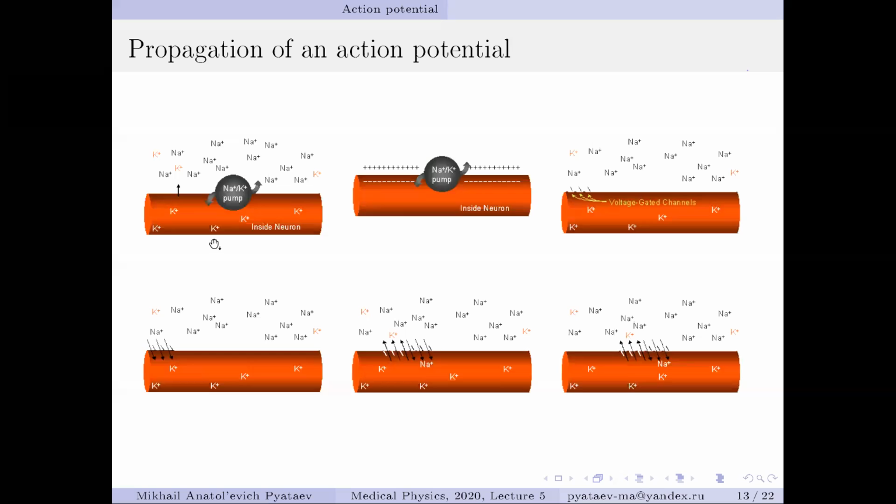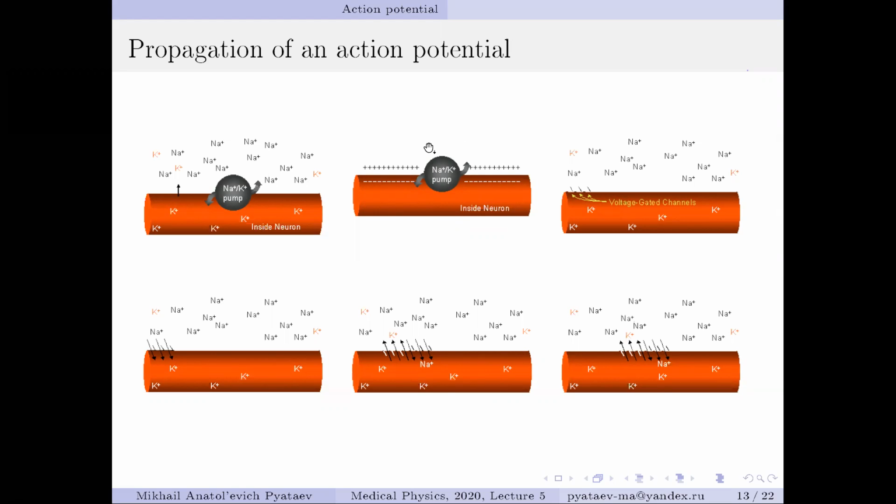It is one more picture describing the propagation of nerve pulse in the axon. So we should remember that initially the cell is polarized and it is ready for transmitting of electric depolarization wave.